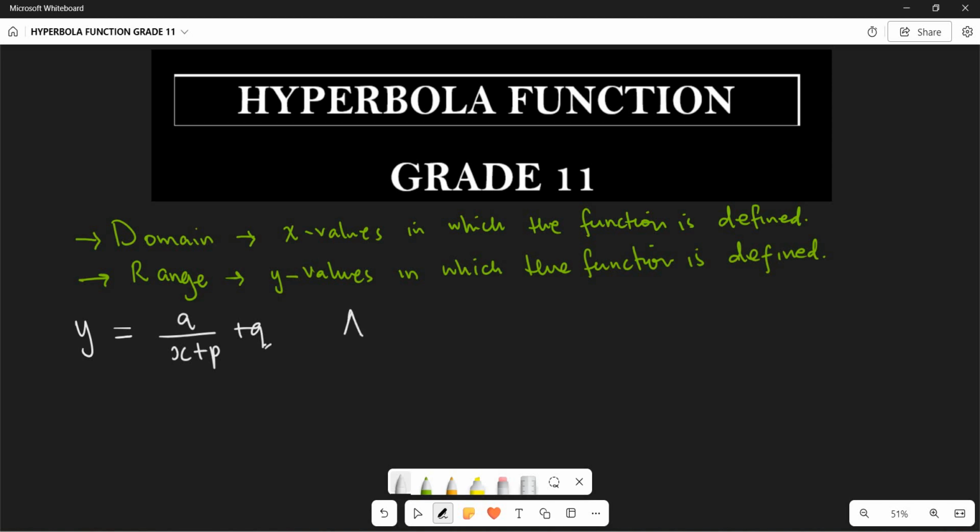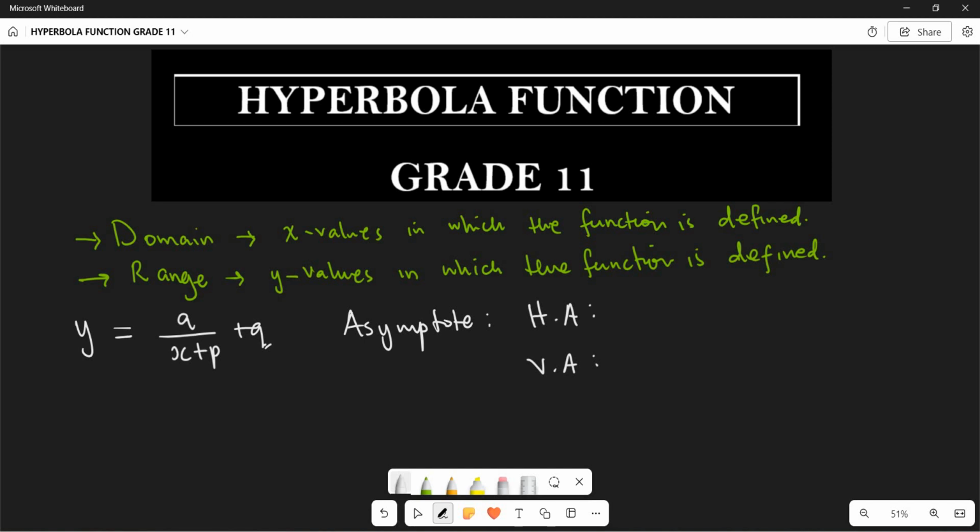The asymptotes: we have a horizontal asymptote and a vertical asymptote. The horizontal asymptote cuts through the y values, and the vertical asymptote cuts through the x.